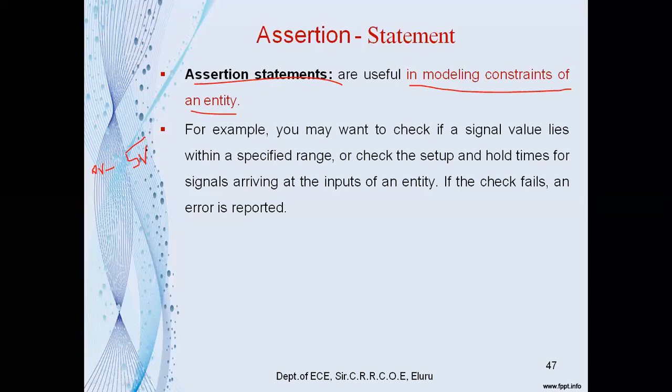In such cases, you can give a message that the applied value is more than the specified range. You can even check the setup and hold times for the signals arriving at the inputs of an entity. For all these cases, we will use this assert statement.